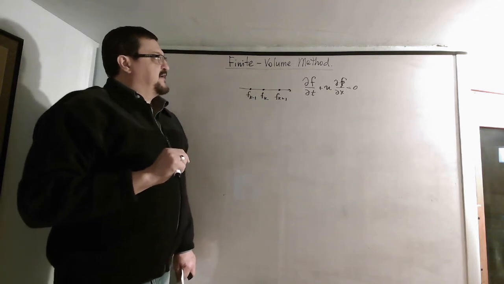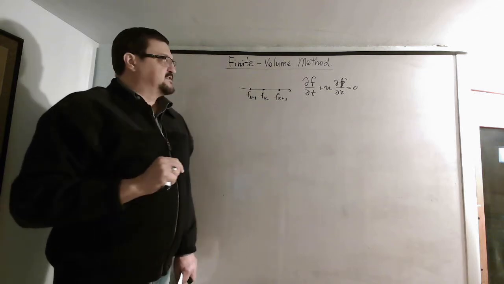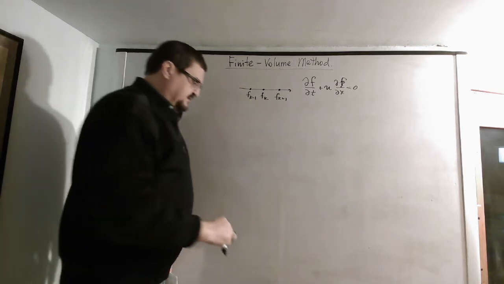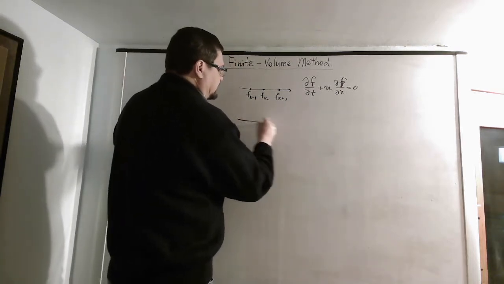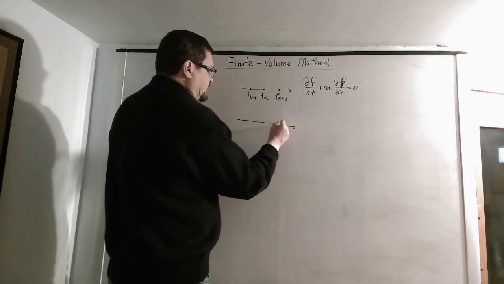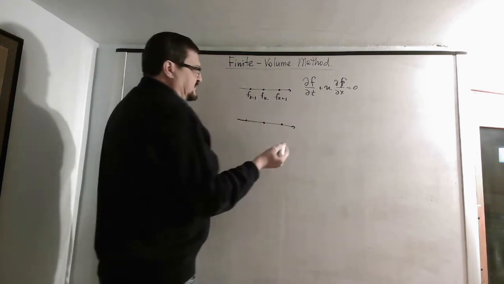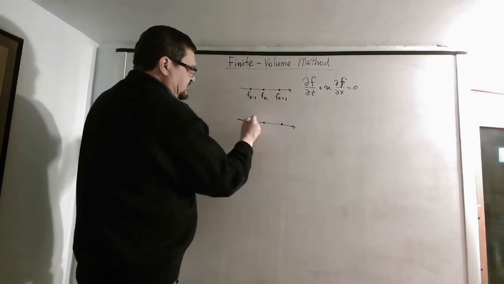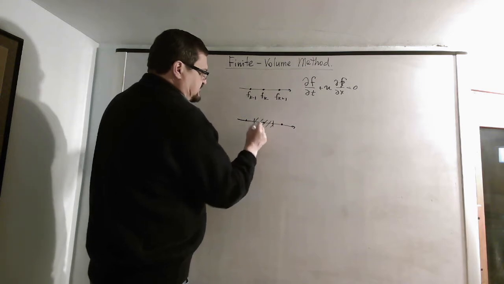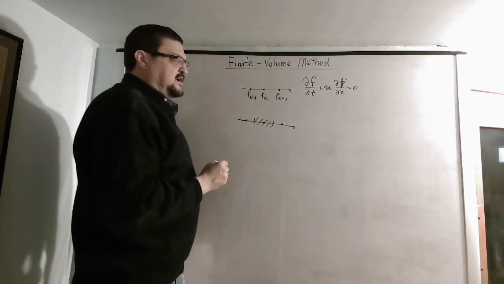But the finite volume method does not operate so much with nodes, but switches its attention to cells. So in one dimension, we still have these nominal values, but now we divide our region into cells, and each value is actually defined in this cell.